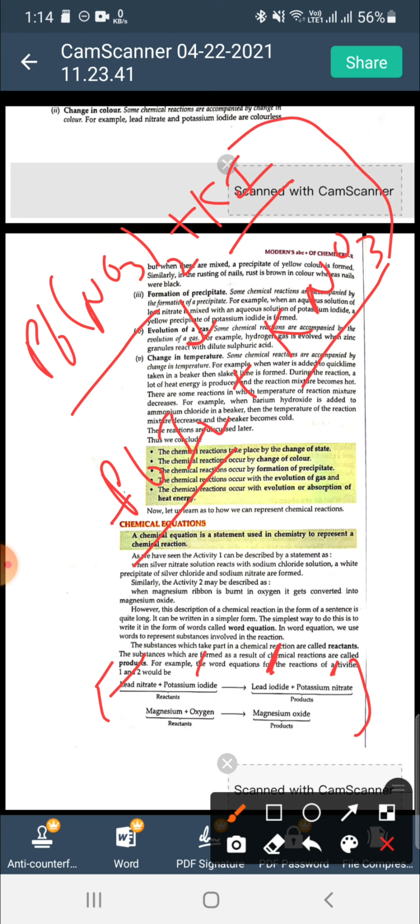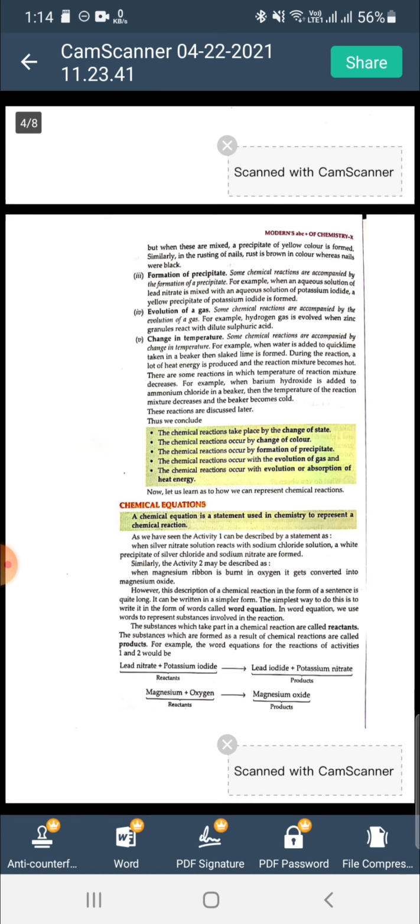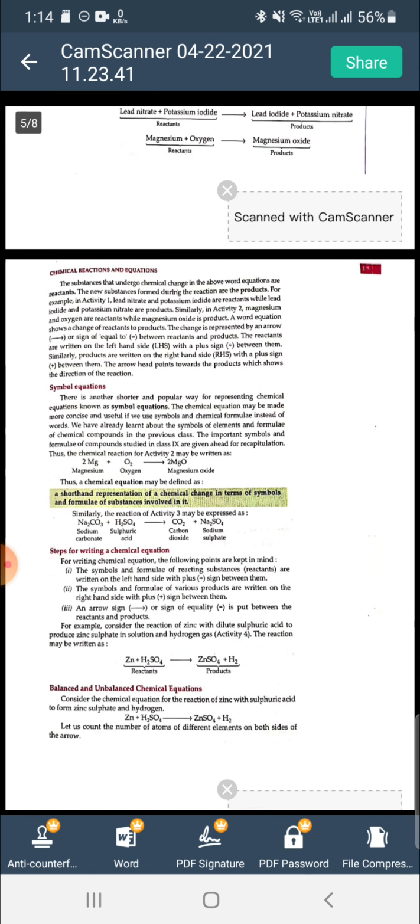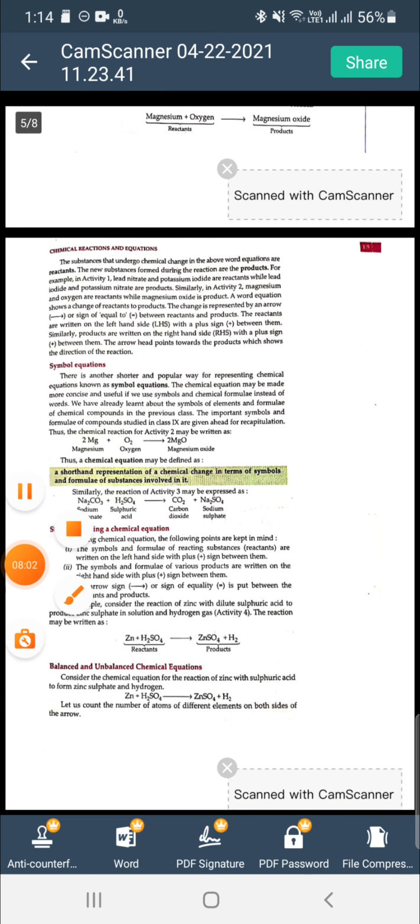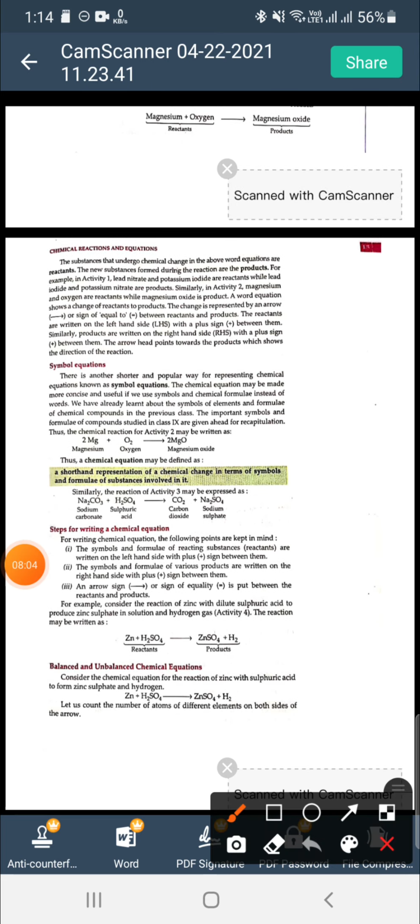This is known as a symbol equation. So a word equation uses words, and a symbol equation uses symbols. So here you can see easily the symbol equation and the word equation.